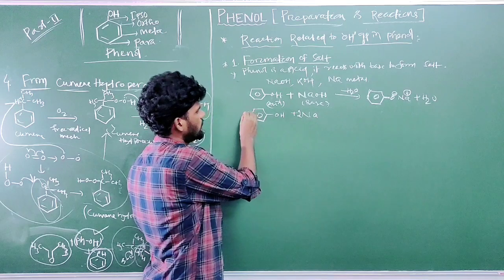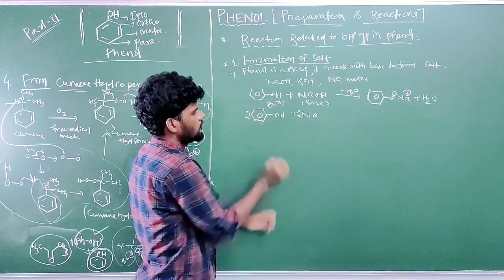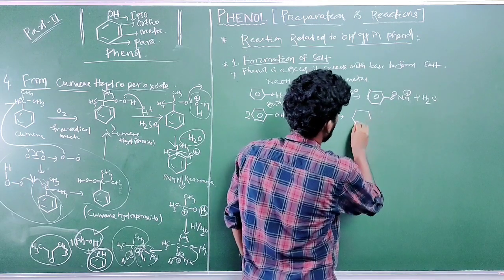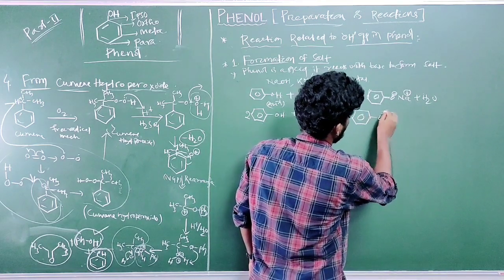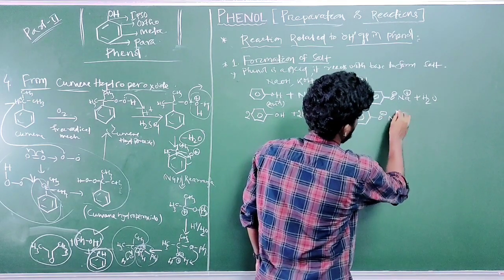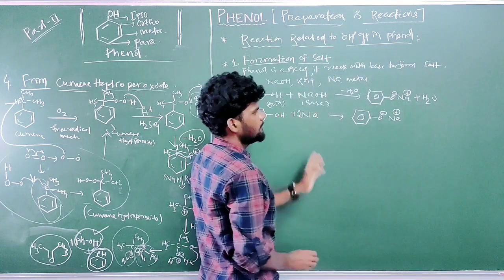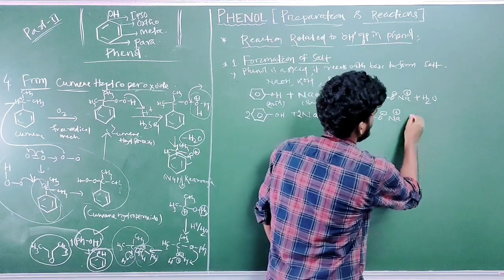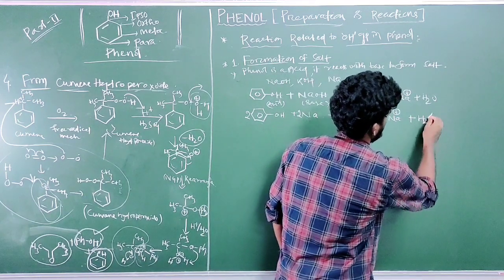Likewise we should take 2 moles of phenol. It will form a similar product, O minus Na plus. I have already explained the mechanism. It will form 2 moles of sodium phenoxide, and H2 gas is released.